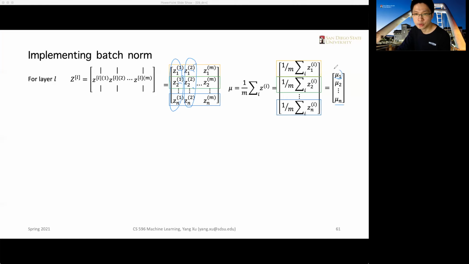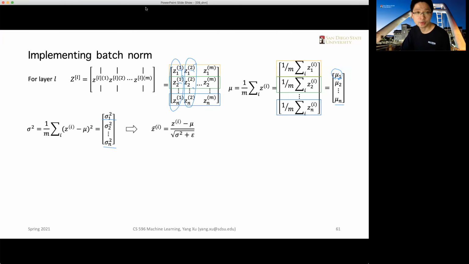Each mu corresponds to one feature: mu1 corresponds to z1, mu2 to z2, and so on. Having the mu's available, we can also compute the sigmas for each row. So sigma is also a vector, from sigma 1 to sigma n.